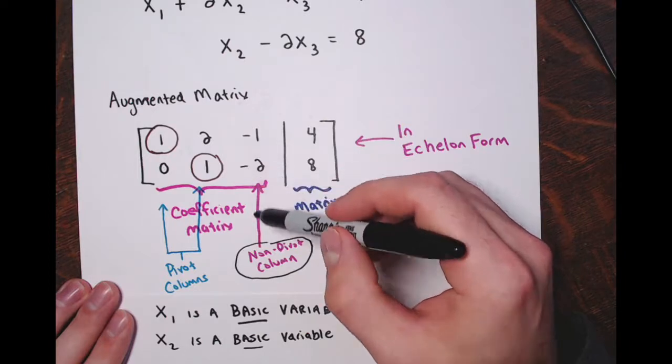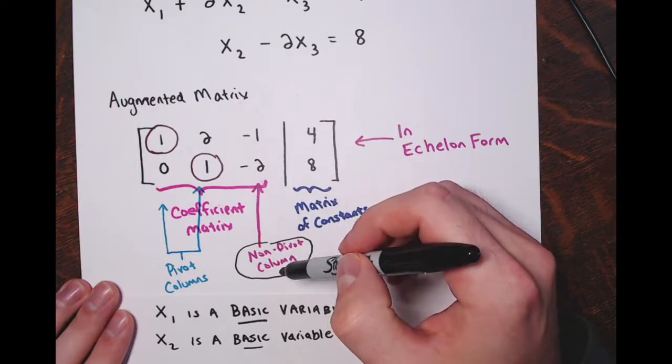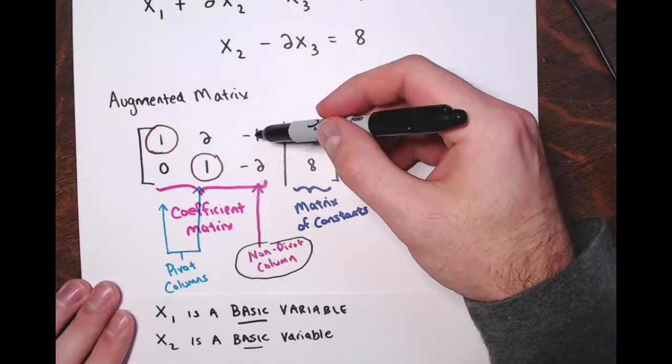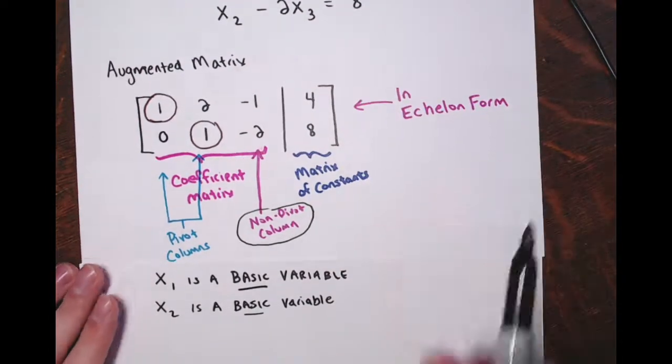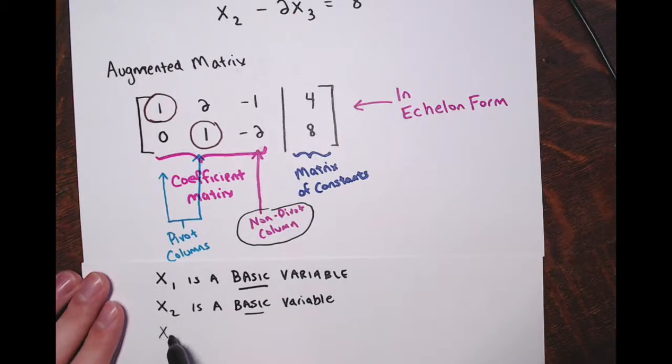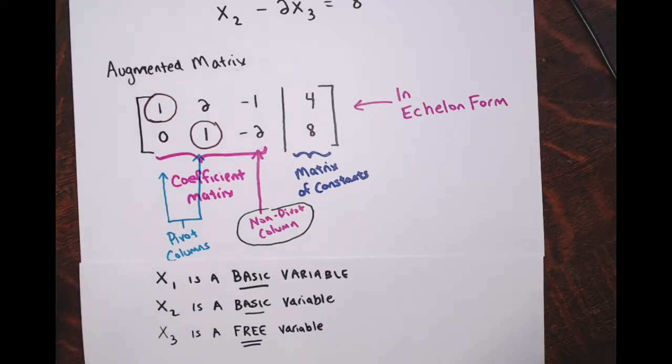Column 3 was a non-pivot column, and these numbers were coefficients of x3, so the variable x3 is considered a free variable. So you have basic variables and free variables.